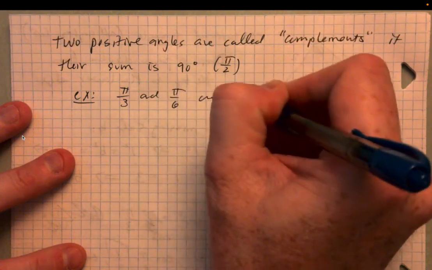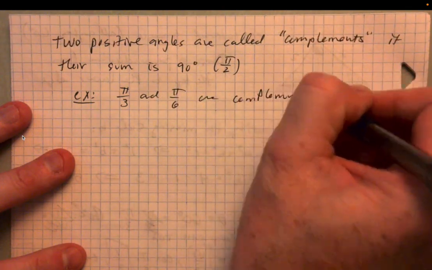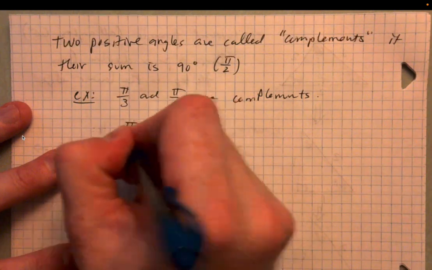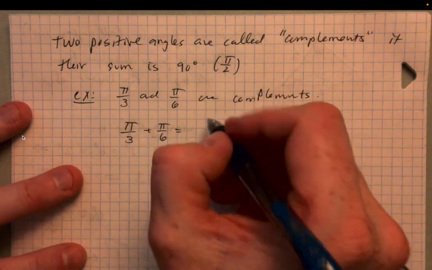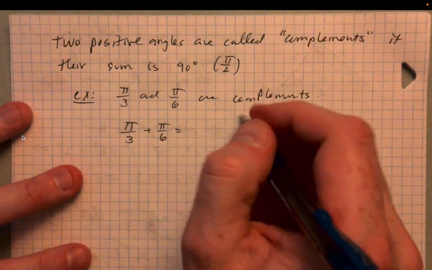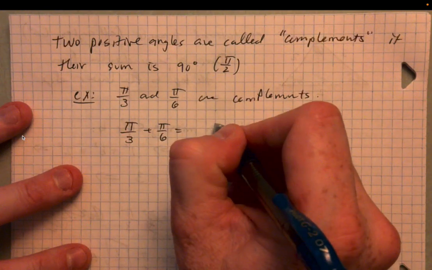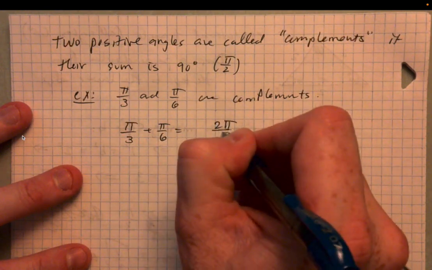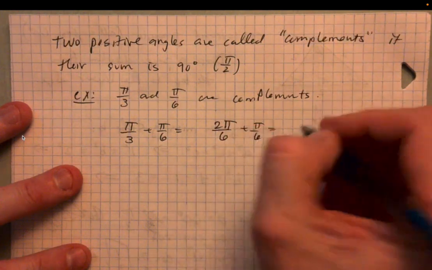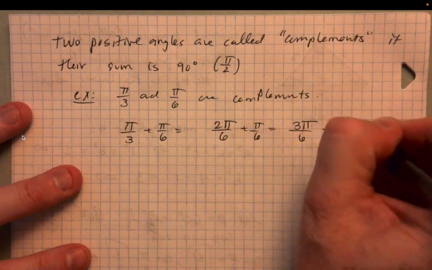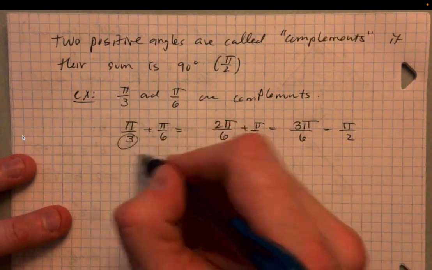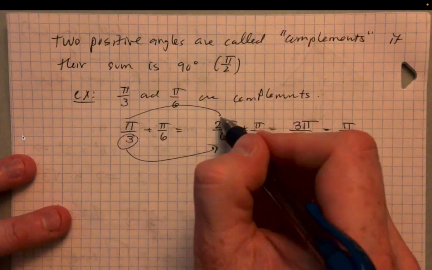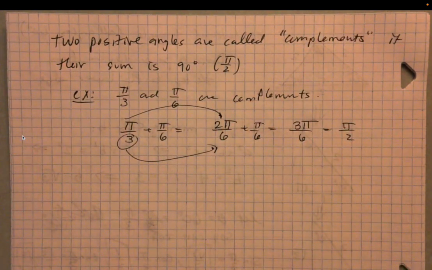Right, and why is that? Well, because when I add them together, I've got to get a common denominator, so that would be 2 pi over 6 plus pi over 6 equals 3 pi over 6, which is pi over 2, right? So when I add them together, I have to blow this denominator up. Okay, so those two angles are complementary.